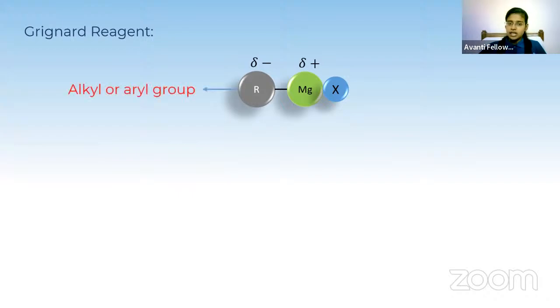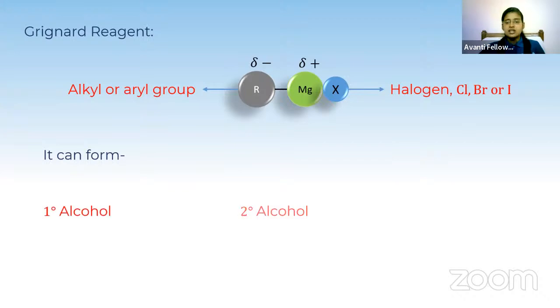It can be an aromatic compound or an alkyl system. And X is the halogen. You all know halogens are chlorine, bromine, iodine. Got it? So Grignard reagent can form primary alcohol, secondary alcohol as well as tertiary alcohol. All three types of alcohols can be prepared using Grignard reagent.